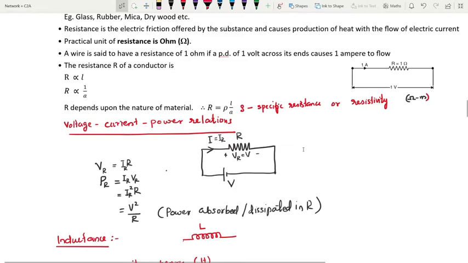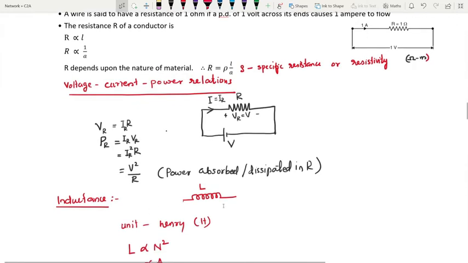Similarly, if the current in the coil is decreasing, a self-induced EMF is set up in the coil in such a direction as to oppose the decrease in the current. It is denoted by L and its unit is Henry, denoted by capital H.